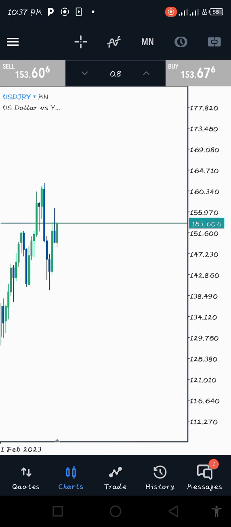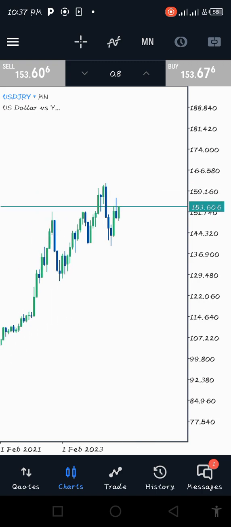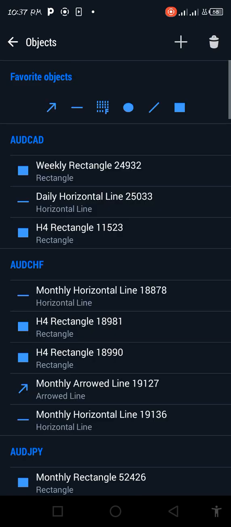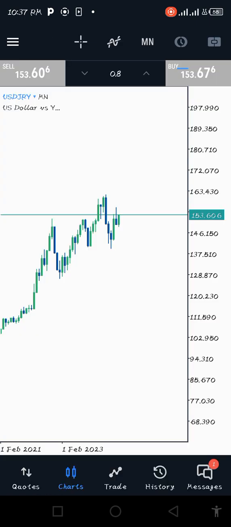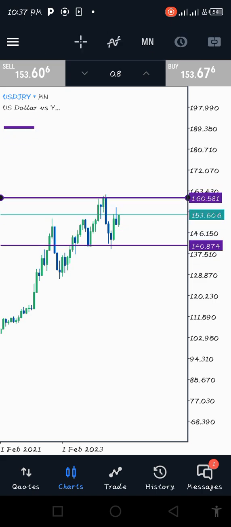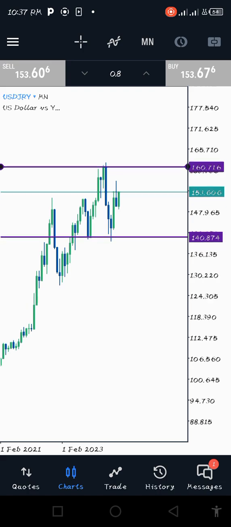So what was our highest range formed? Let me use line tools. That was the higher low that was formed right there, and the higher high that was formed right there.